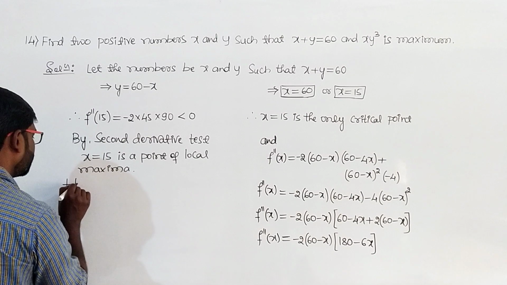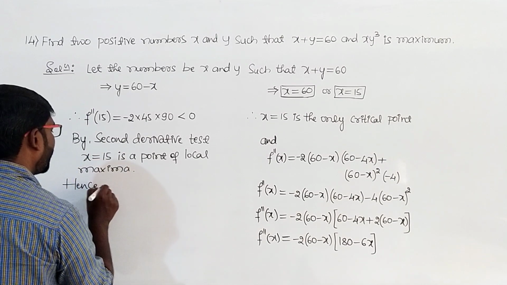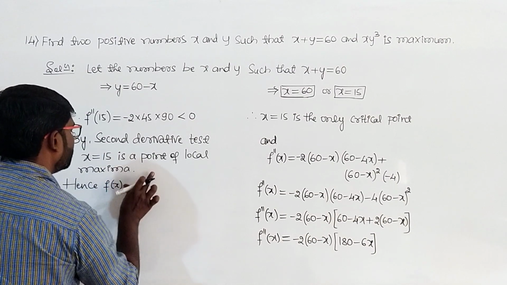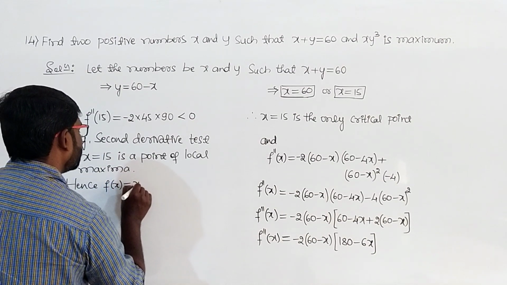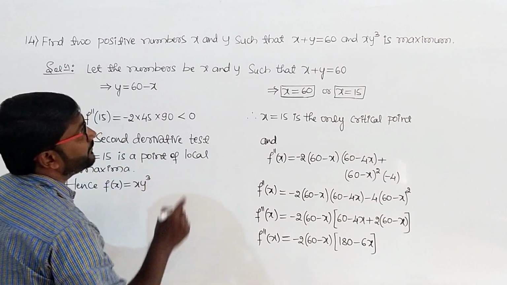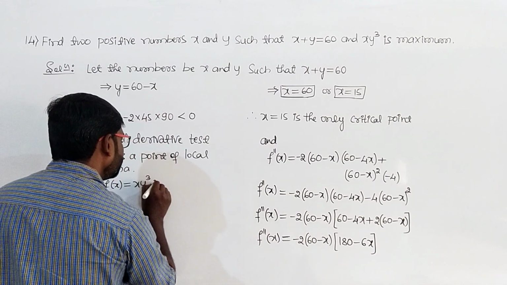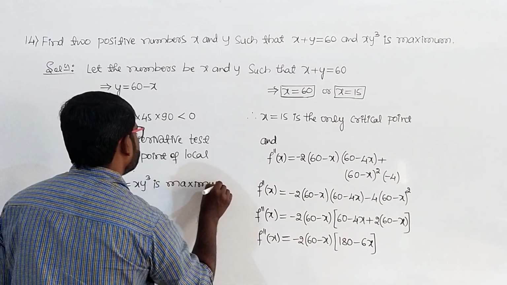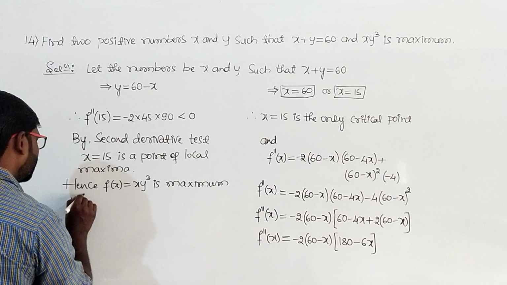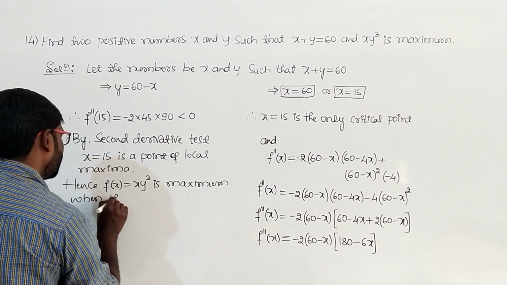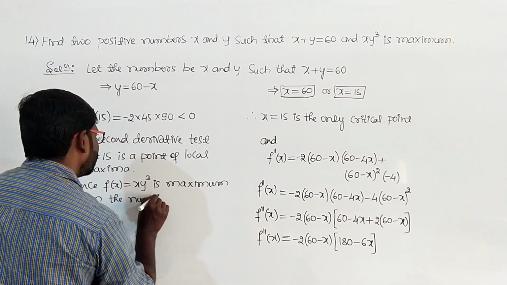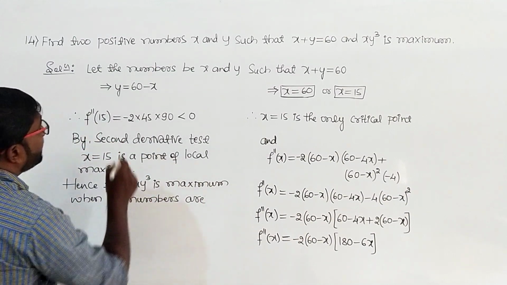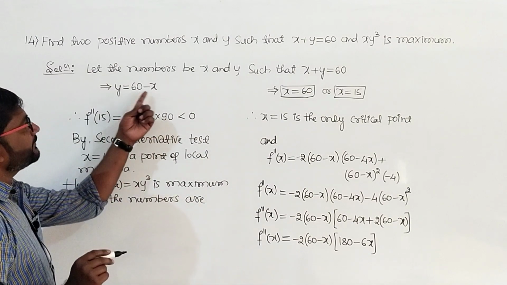Hence f of x equal to x into y cube is maximum when the numbers are x and 60 minus x.